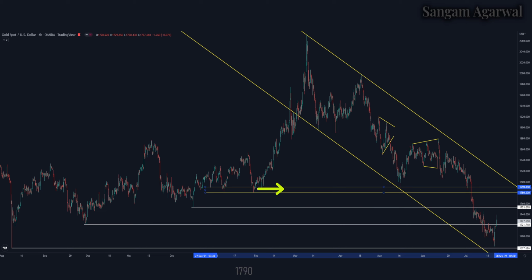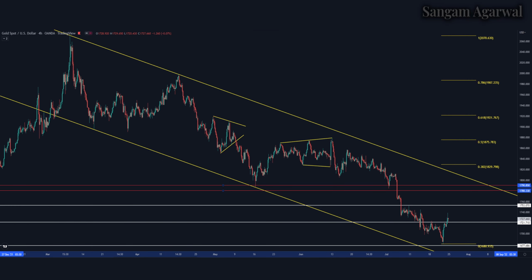So this is your static resistance, and this trend line is your dynamic resistance, and all of this depends on FOMC. If this is a bullish trend, then after a breakout of this level, the next target will be the 38 or 50% retracement at 1829 and 1875.